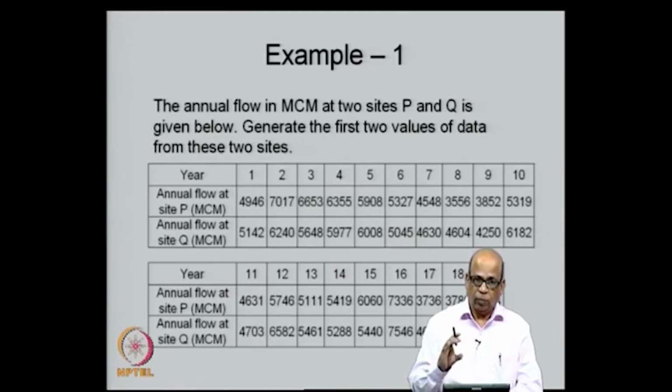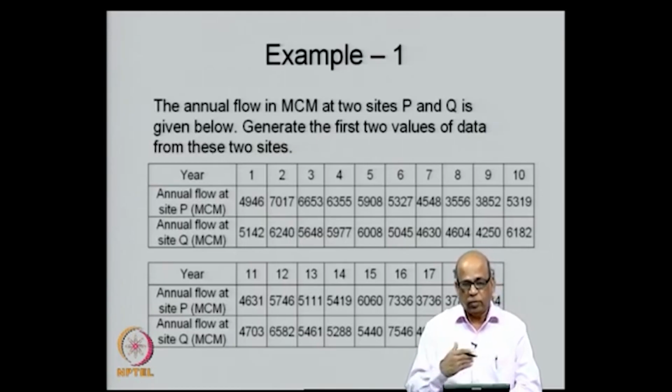Even if they are not physically meant to serve the next 100 years, you still need to generate flows for several years, maybe in excess of 100 years, to examine the possible performance of that system in future.